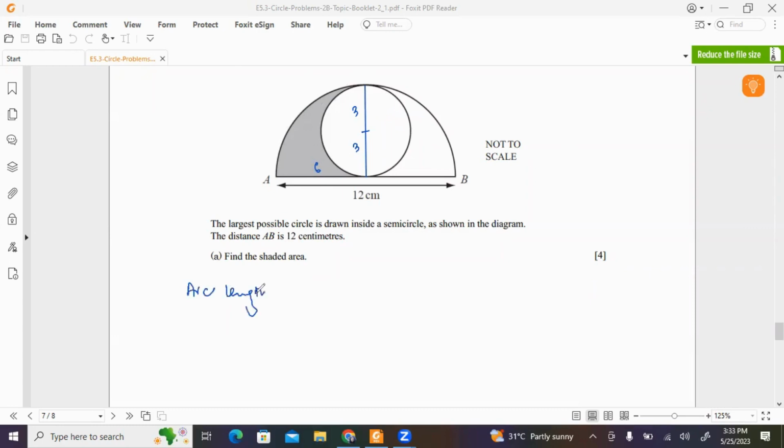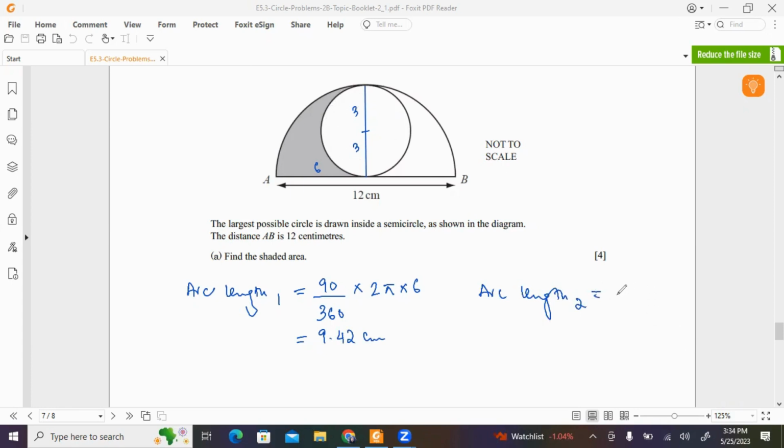Arc length 1 is going to be 90 over 360 times 2 pi times 6, which will give us 9.42 centimeters. Then arc length 2 is going to be this arc of the semicircle.